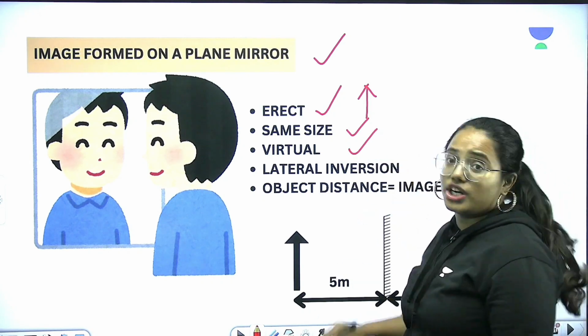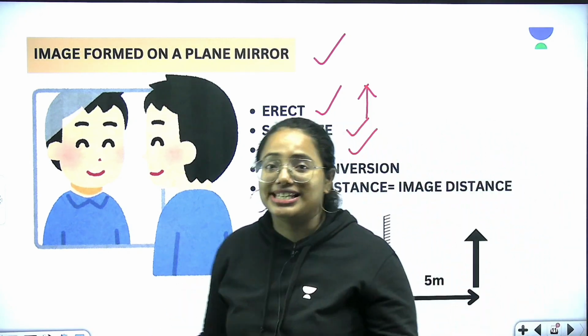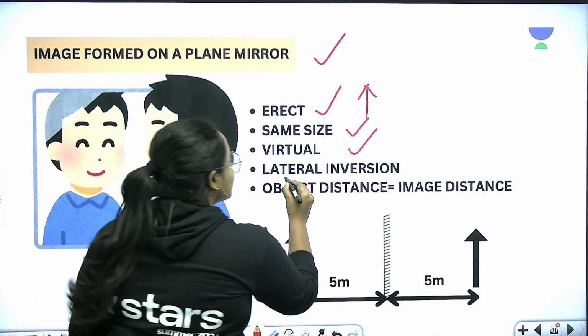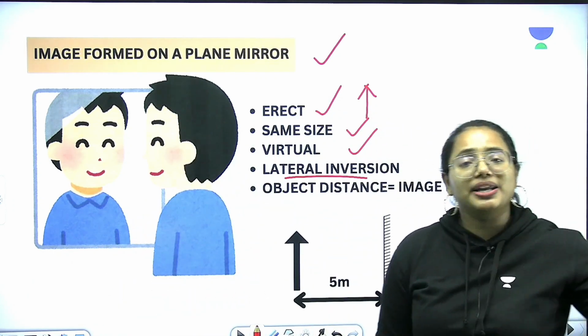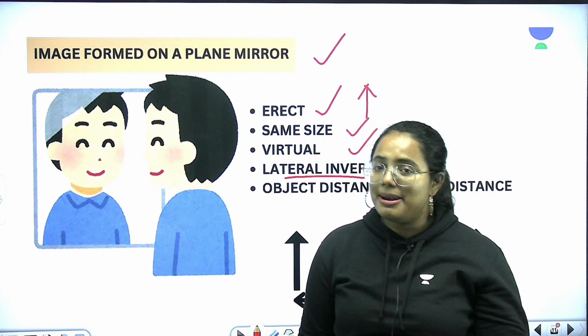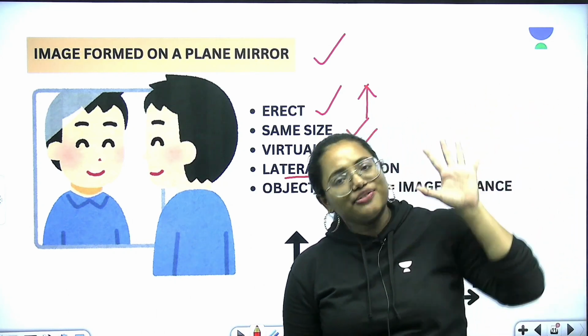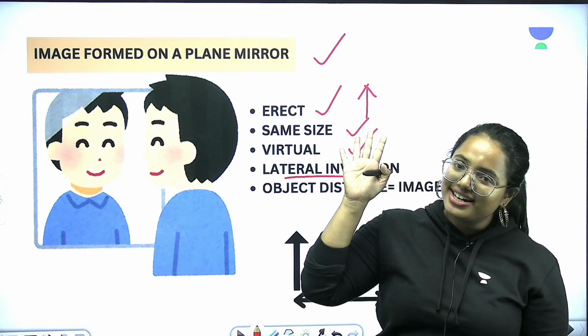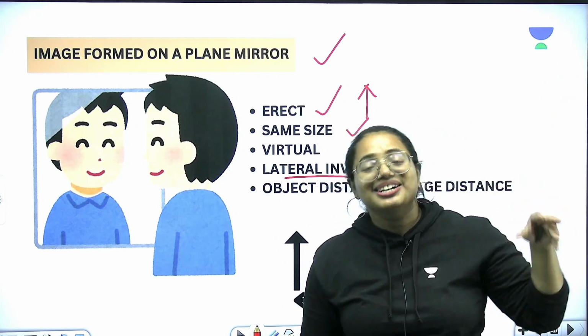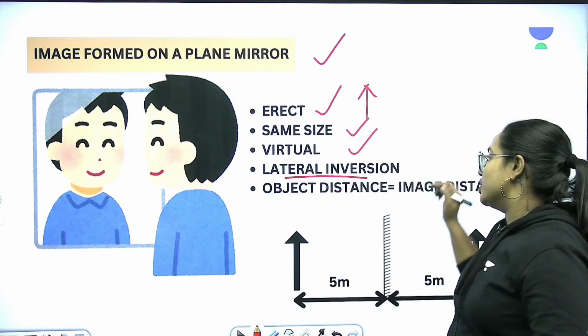And similarly, it is virtual. That means it cannot be taken on a screen, right? And lateral inversion. What is that? This is a phenomenon which is happening on the plane mirror. If you raise your left hand, it shows as your right hand. If you raise your right hand, it shows as your left hand. So this is the lateral inversion.